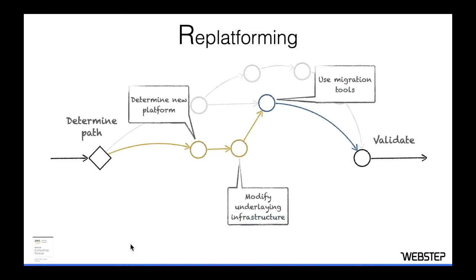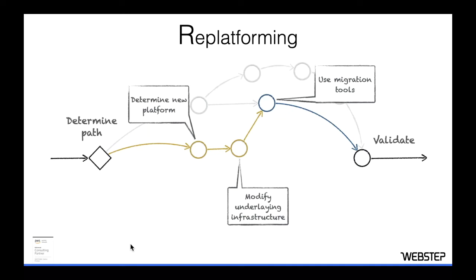The next one is replatforming, which means that you are looking into leveraging some of the new platform. You are doing small changes to your application. Some call it lift, tinker, and shift, but basically you're making changes to maybe what kind of database you're connecting to, or to the runtime.